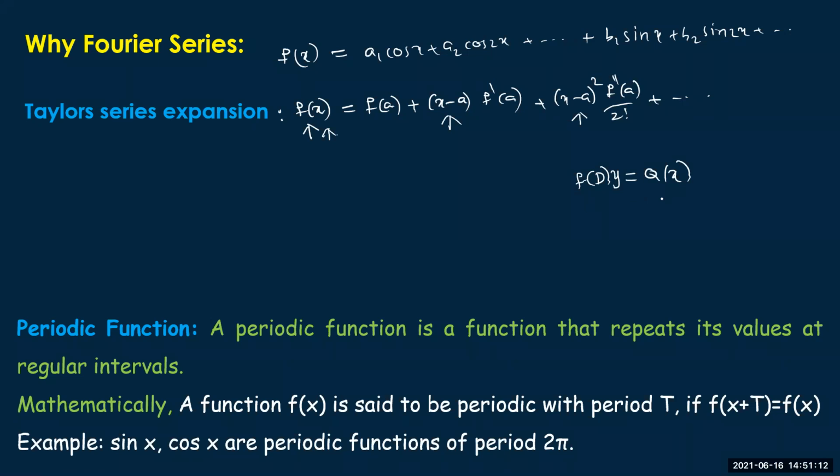When you have these kinds of differential equations, we found the complementary function and the particular integral. To find the particular integral, we use this right hand side function. When this non-homogeneous term q of x is a periodic function, whatever particular integral methods we have discussed are absolutely useless, right? We cannot use them when q of x is a periodic function.